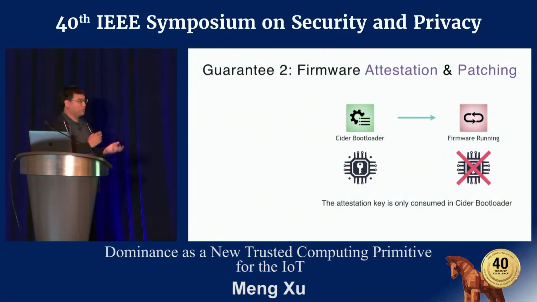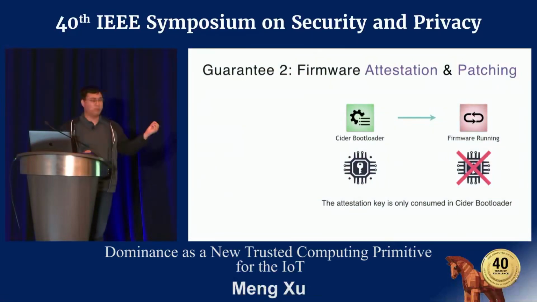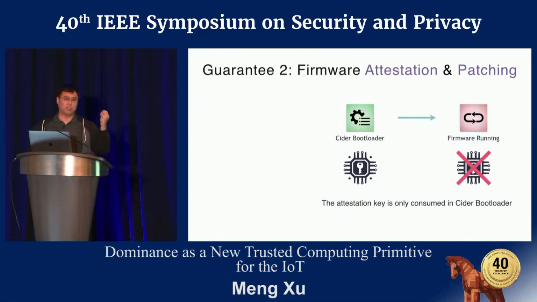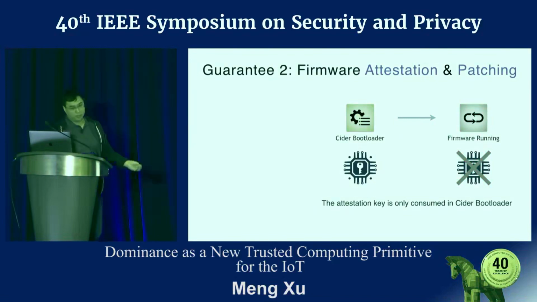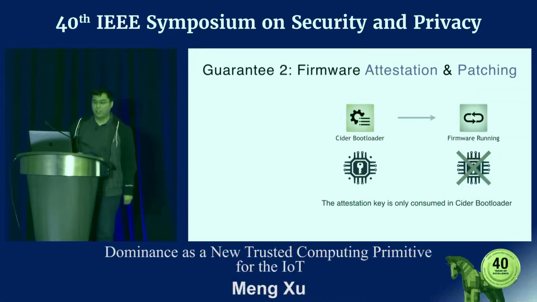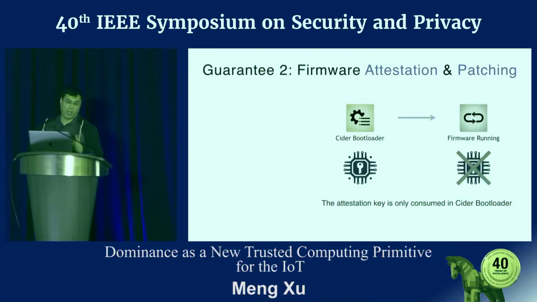It has to be stored somewhere on the device. And it can only be used by the CIDR bootloader, because that's when the attestation and patching happens. And it cannot be learned by the running firmware, because the firmware is untrusted. If you let the firmware know it, the attacker can know it, and then fake the communication with the hub and hijack this thing.